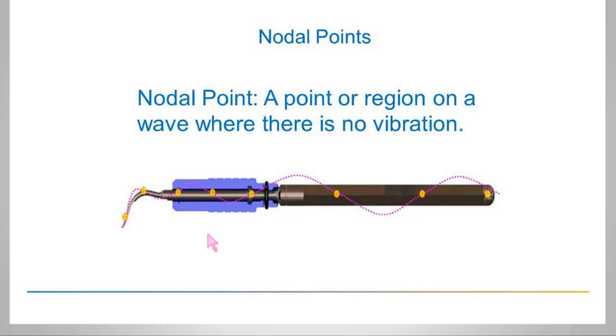Usually there is a nodal point between 2.2 and 4.4 millimeters from the point of the insert, and that's here. Therefore, when adapting the instrument for scaling, we must consider what aspects of the tip are in contact with the tooth, as a nodal point may be reached and can influence the instrumentation. We will cover this in a little bit more detail later on during the presentation.